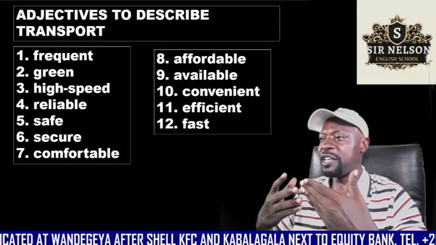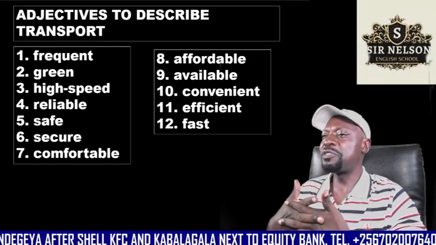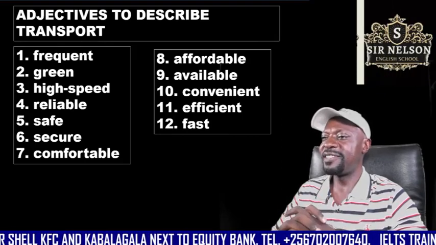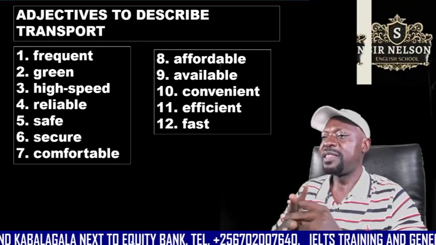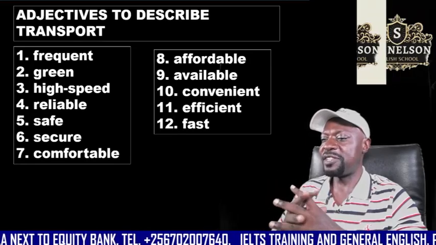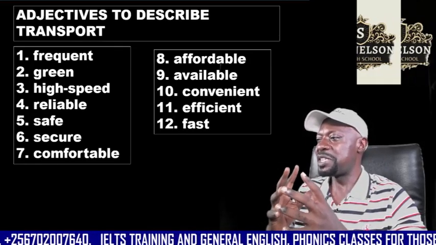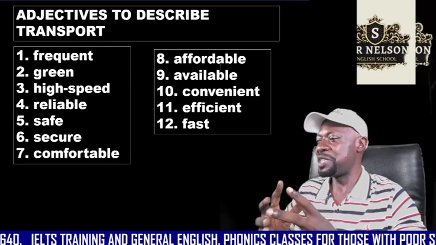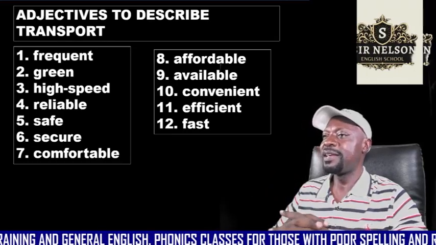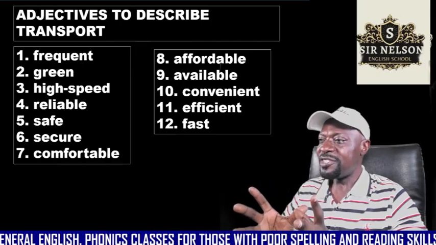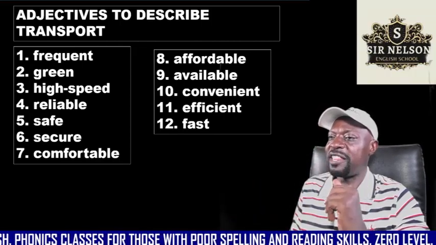When you are putting it in, you use the superlative: the most frequent, the greenest, the high speed, the most reliable, the safest, the most secure, the most comfortable, the most affordable, the most available, the most convenient, the most efficient, the fastest. You use one of these and you put it in our structure there.